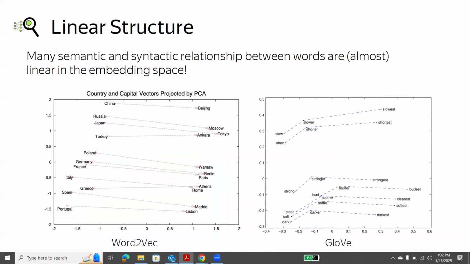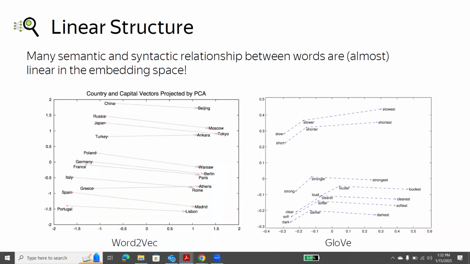Also interesting are linear dependencies between countries and capitals. So, for example, what does it mean?